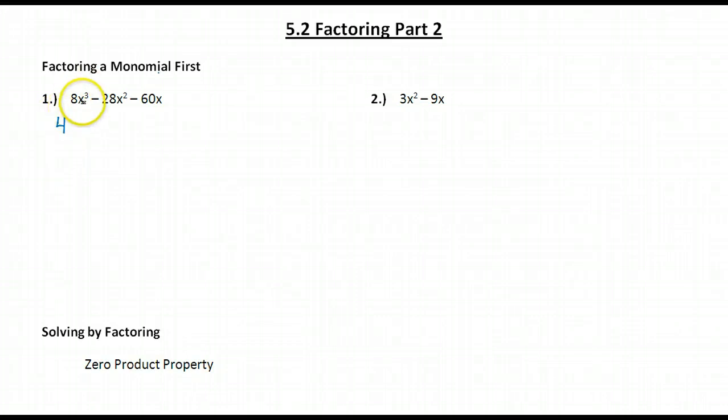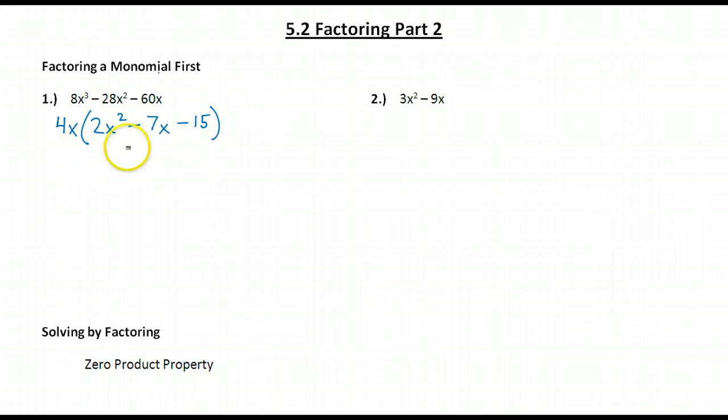And if we look at our variables, x to the third, x squared, and x, all of these terms have an x in them. So the monomial that we need to factor out first is 4x. Now when I factor 4x out of all of these terms, I'm left with 2x squared minus 7x minus 15.